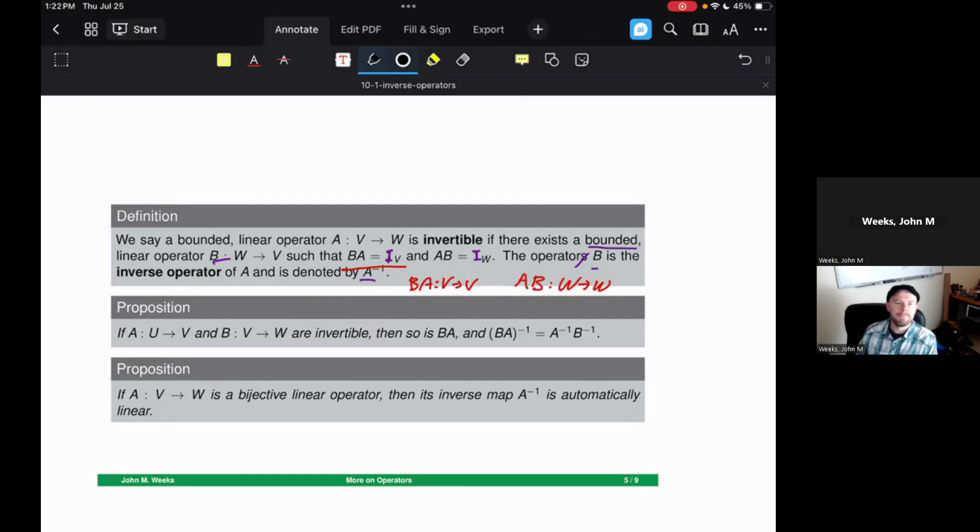What's a good example? They don't have that at all.